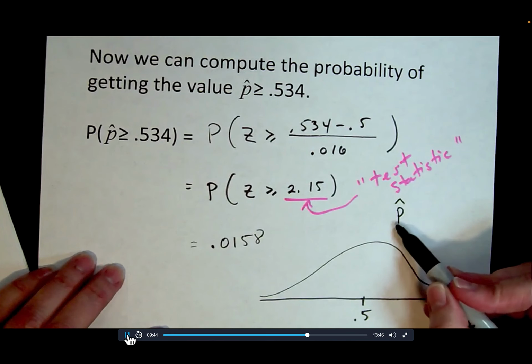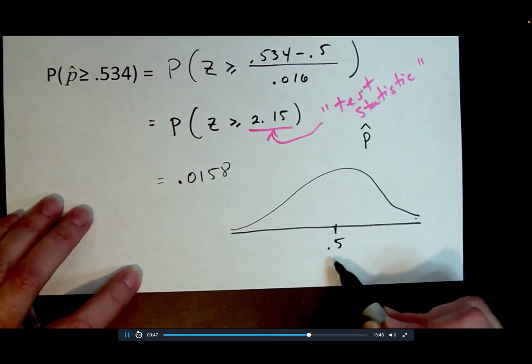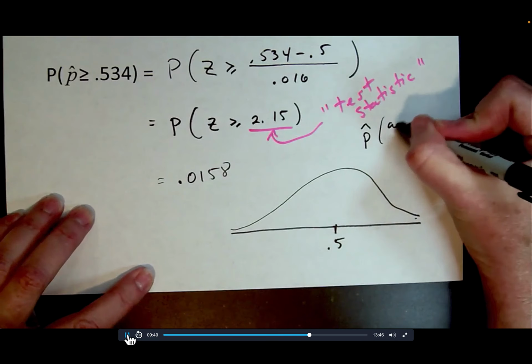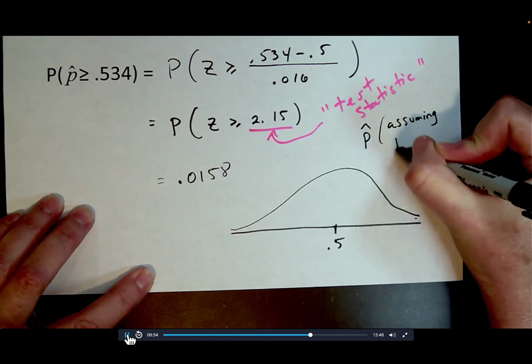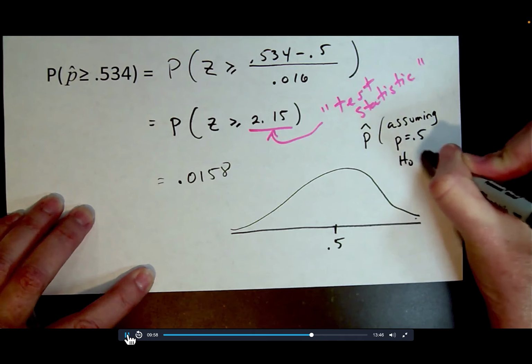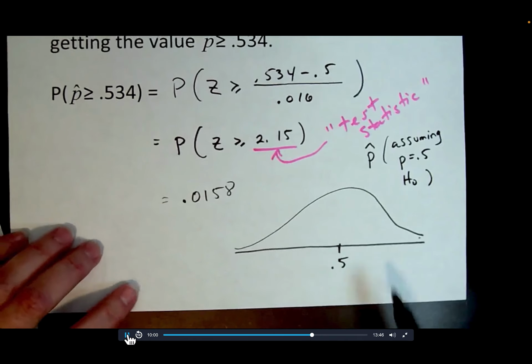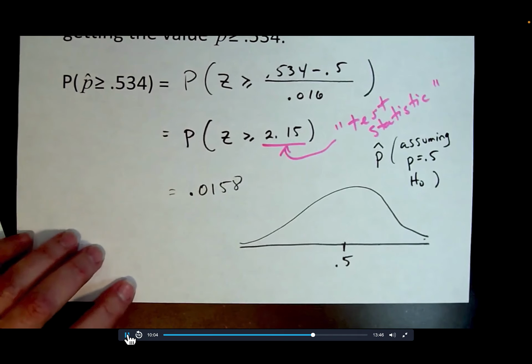Part of the characteristic of the distribution is this mean in the middle. And remember that we got that under the assumption that the population proportion was 0.5. In other words, we assumed that H naught was true. That's what gave us an estimate of what p hat is.